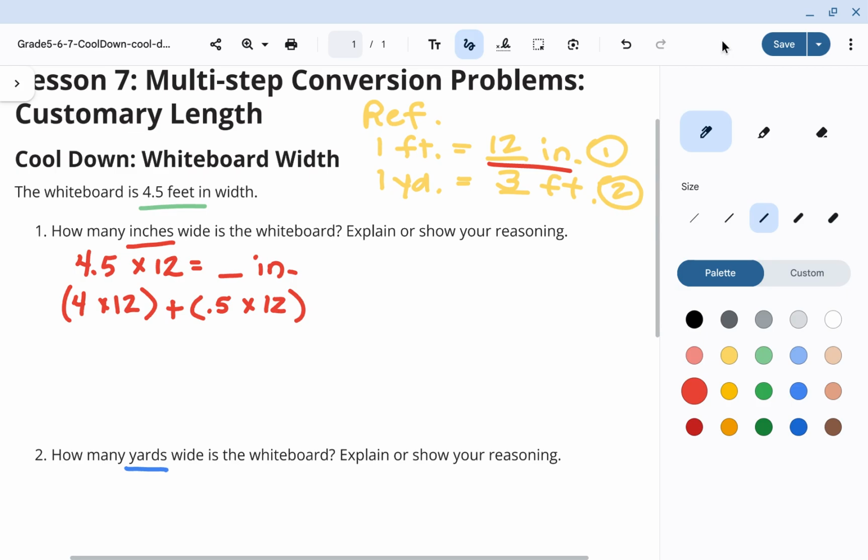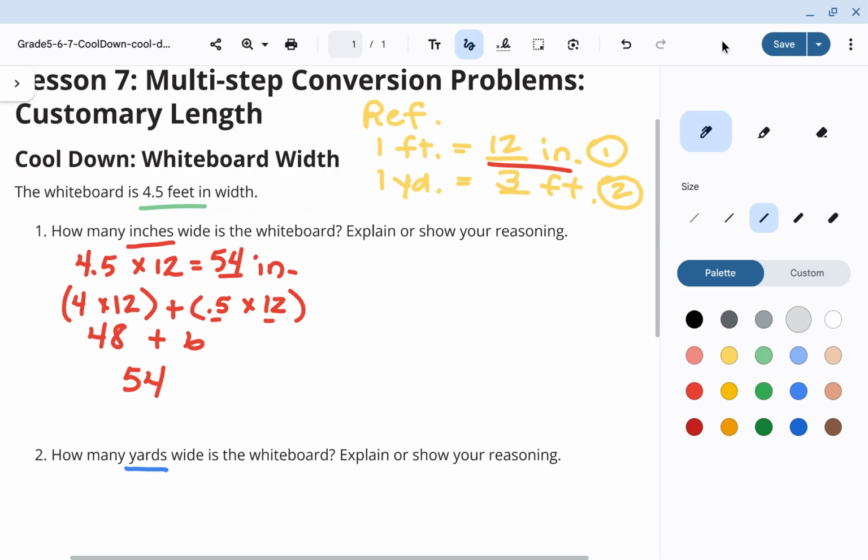So 4 times 12 is 48, and what is 1/2 of 12? Well, that's 6. So if I have 48 and I add 6 to it, that is 54. So what does that tell us? That tells us that there are 54 inches in the width of the whiteboard.